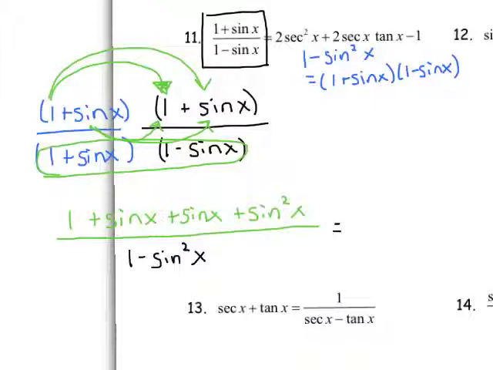All right, I'm going to run out of room if I don't start taking a few shortcuts. So what I'm going to do here is I'm just going to say this makes plus 2 sine x. I don't want to spend a whole other step writing that.